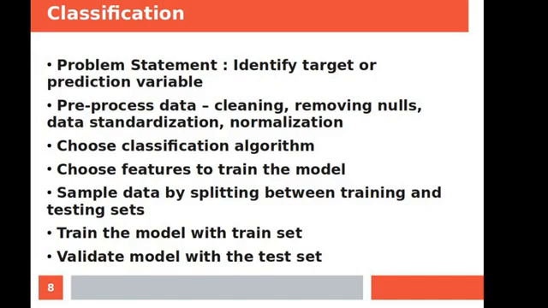After sampling the data, you will train the model with your training set, and you will use the test set for which you, as a programmer or data scientist, know the class variables, but your model does not.